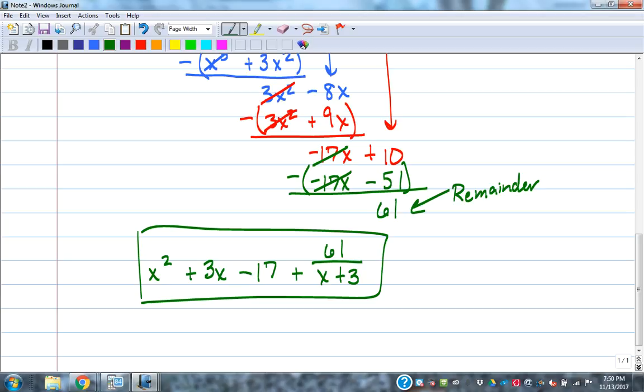And that would be your answer to that problem. Okay. Got to follow that process pretty much every time to do long division with polynomials. Let's look at another one.